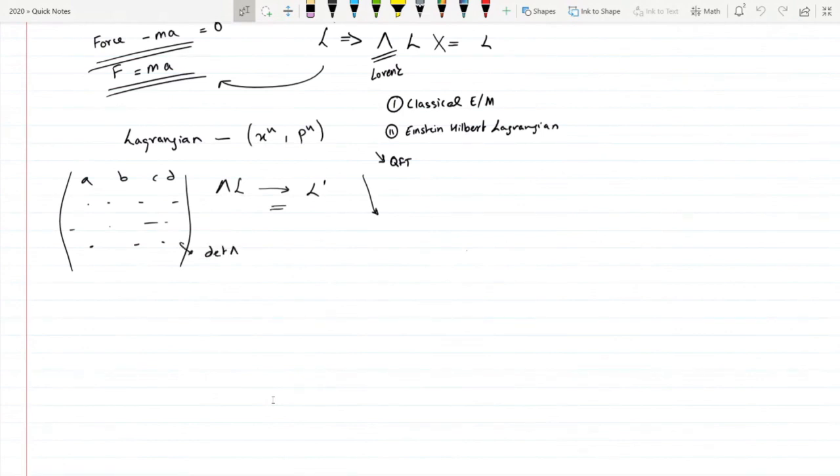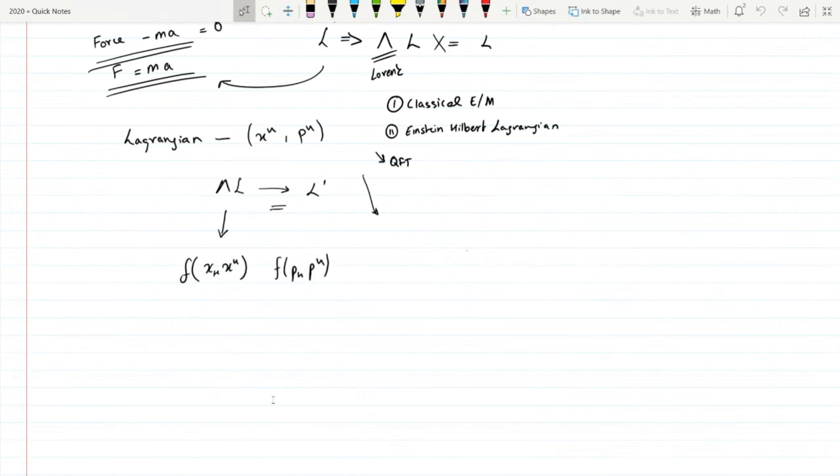That's the constraint. And similarly, when you constrain it, this Lagrangian, whatever it is, needs to contain not just x mu, but it has to be a function of p mu.